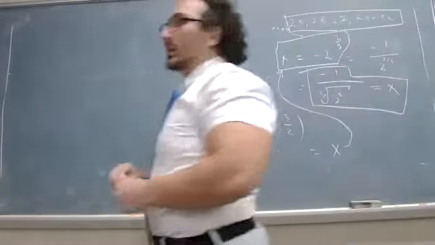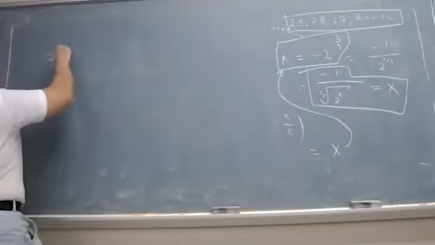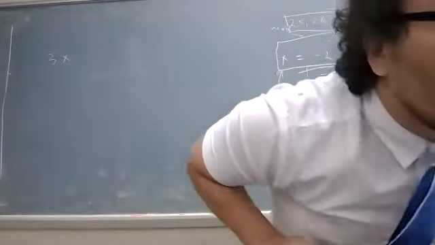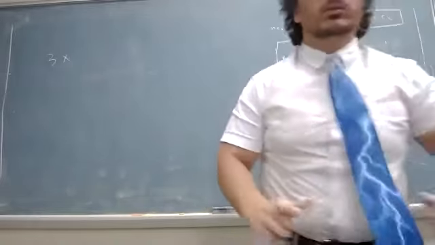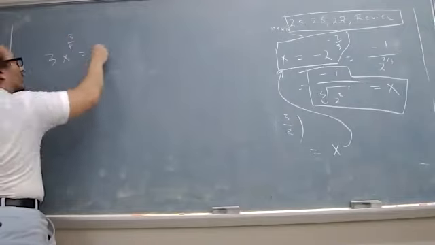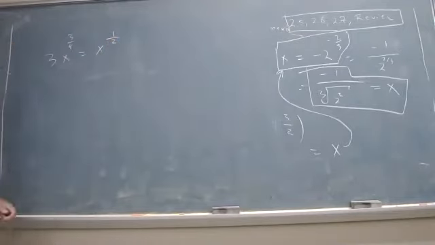So what if I have something like this? 3x to the 3/4 is equal to x to the 1/2. I want to solve for x. So I'm going to have to raise both sides to some power in order to do so.